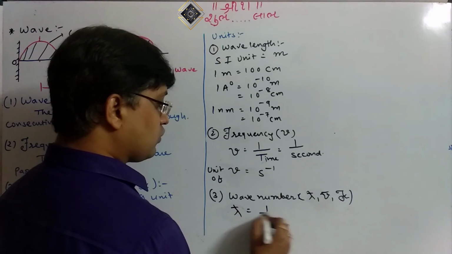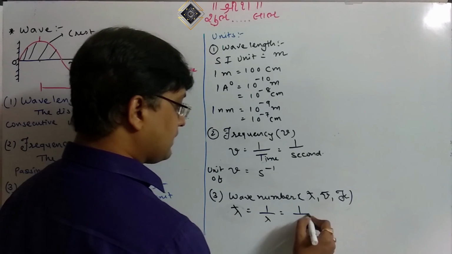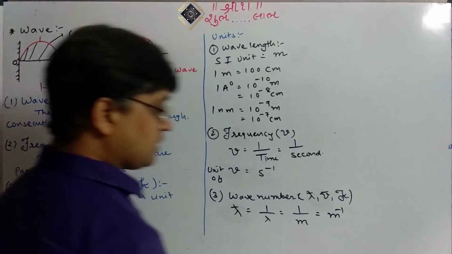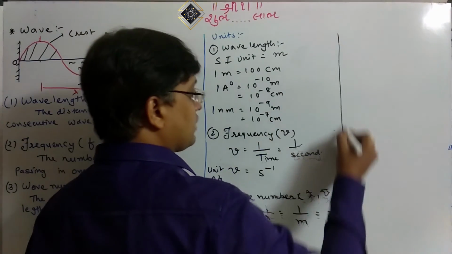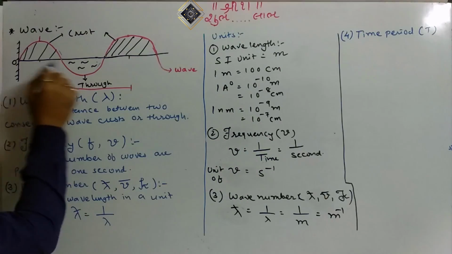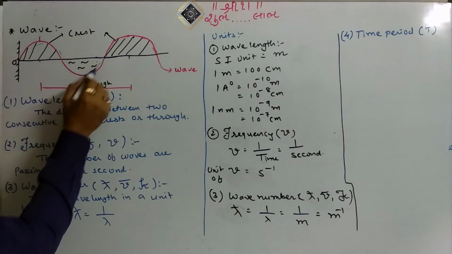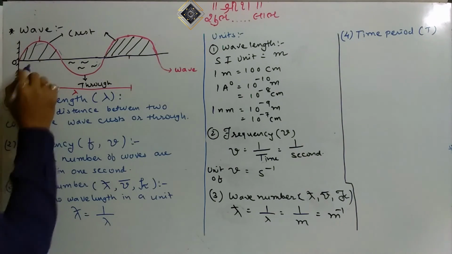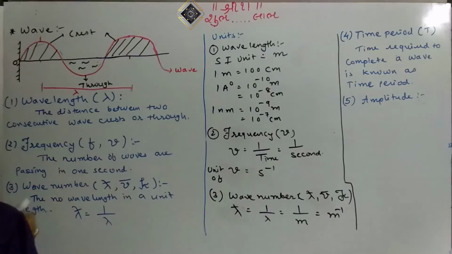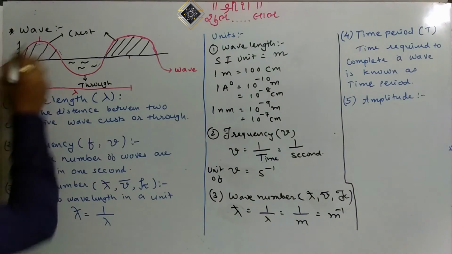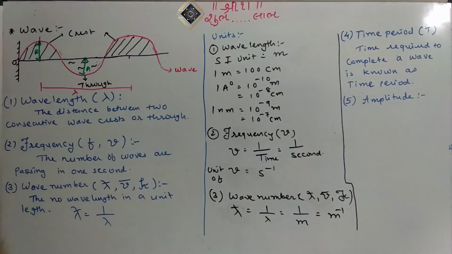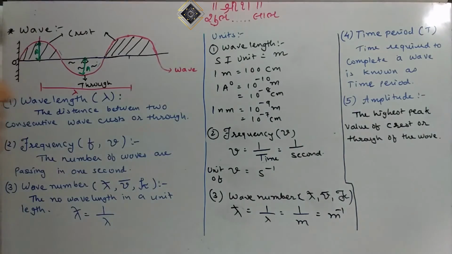Wave number is equal to 1 upon lambda and the unit of lambda is meter, so it is meter inverse in SI units. One more definition I would like to introduce here: time period, capital T. The time required to complete one wave is known as the time period. Another one, amplitude. The highest peak of a crest or trough is known as the amplitude of the wave. Write down this.